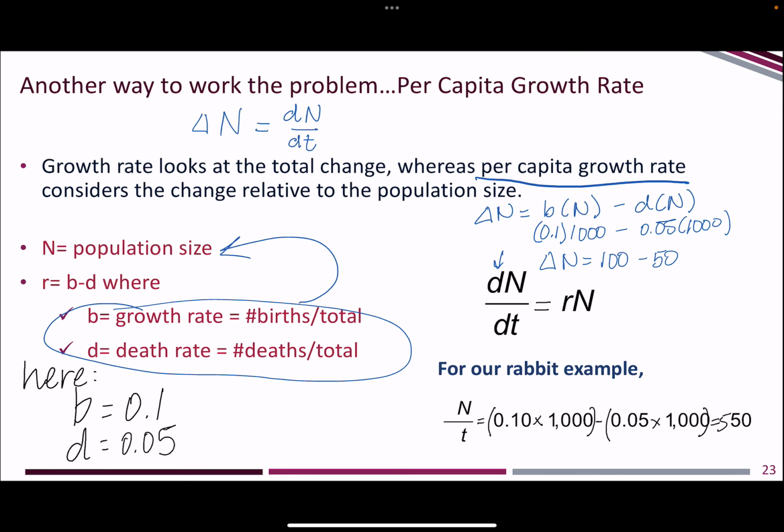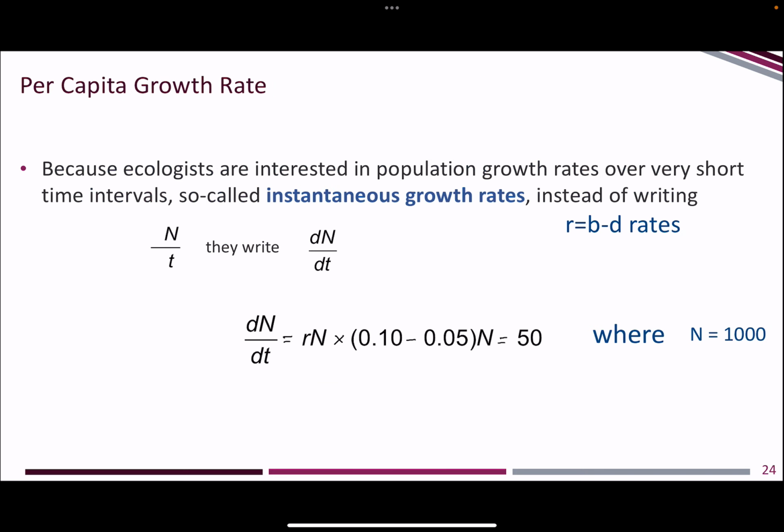So this is just another way we can calculate directly with number of births, or we can calculate indirectly with our rates, our birth rate and our death rate. Just to make things a little bit more complicated, we're going to look at one other way to calculate this birth and death rate.